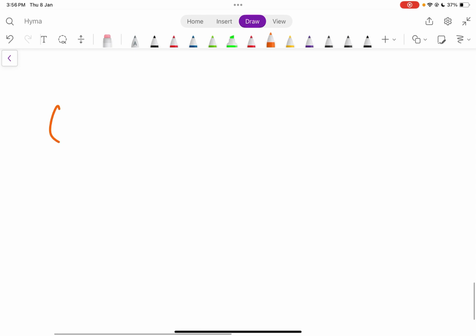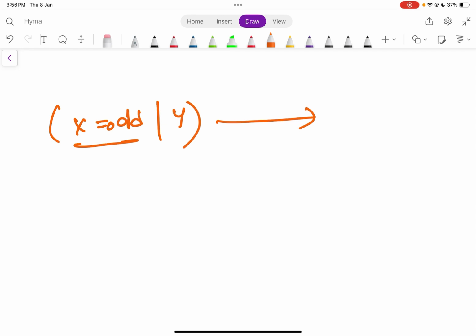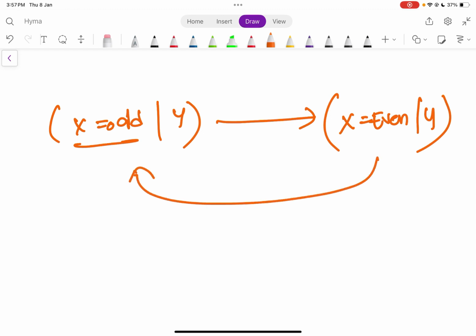Let's say initially x was odd, and we don't care about y. In the second operation x will become even, and in its next operation it will again change to odd. As this is the initial state, the first operation is made by Alice and the second operation is done by Bob.